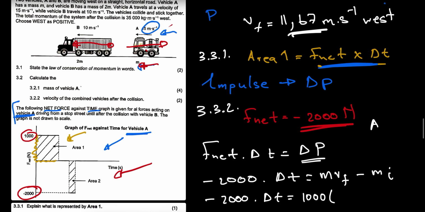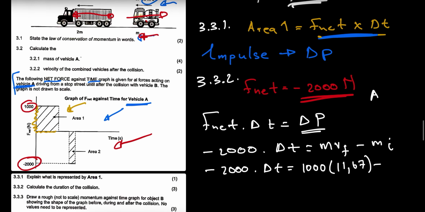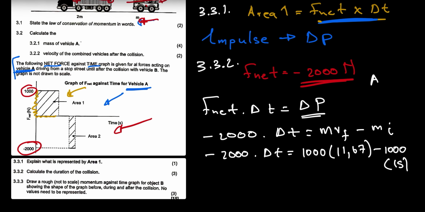What is the final velocity? The final velocity is to the west, 11.67, which is positive, multiplied by the mass, which is still 1000, minus the mass multiplied by the initial velocity, which is 15. It is positive because it is also going to the west. So now we have negative 2000 multiplied by the change in time.